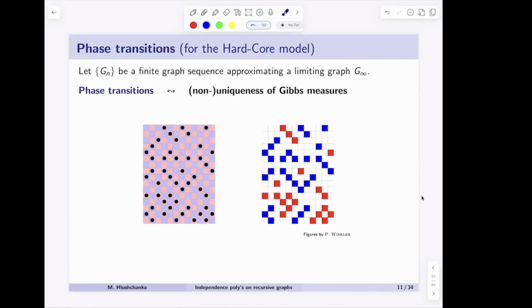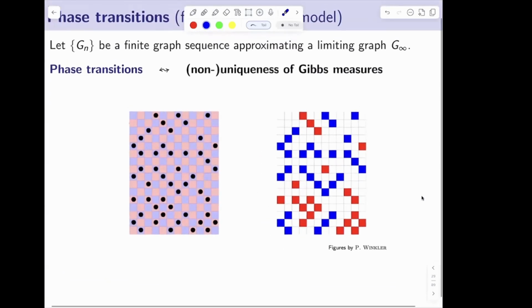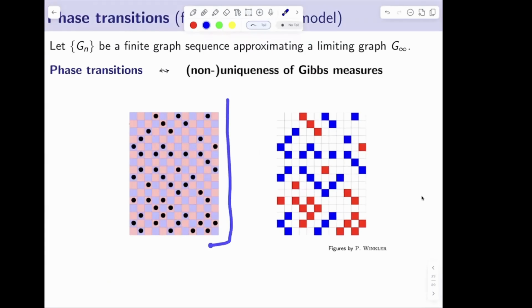Let me skip the precise definition for now, but roughly speaking, I will show you what is happening on the picture. Suppose that the graph I'm looking at arises from the square lattice. We put particles in the cells so that only particles in neighboring cells interact.